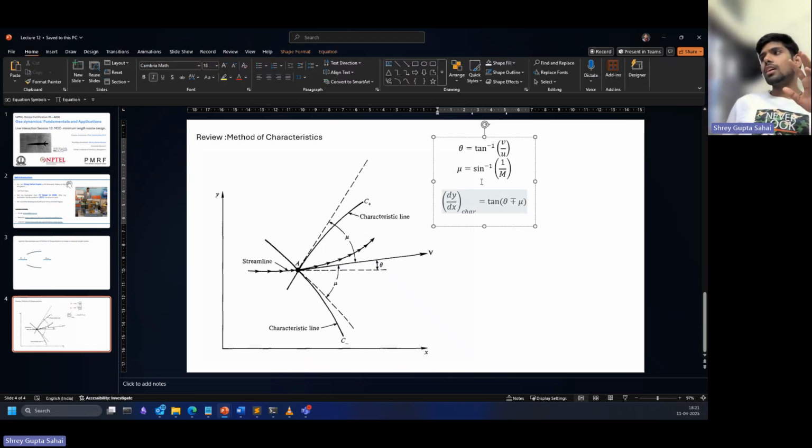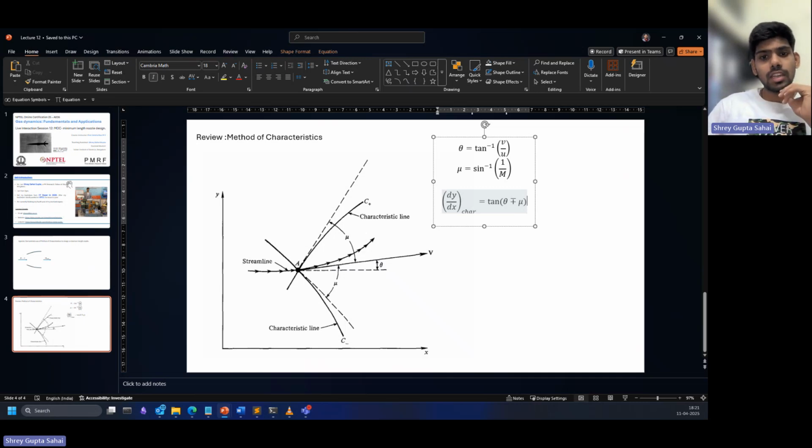We see that locally it depends on the Mach number, so the characteristic lines depend only on the local Mach number. The streamline is also oriented with respect to the x-axis, which is why we get this theta. Otherwise, in a streamline-fitted coordinate system, it's only plus or minus mu. That's also an important thing.